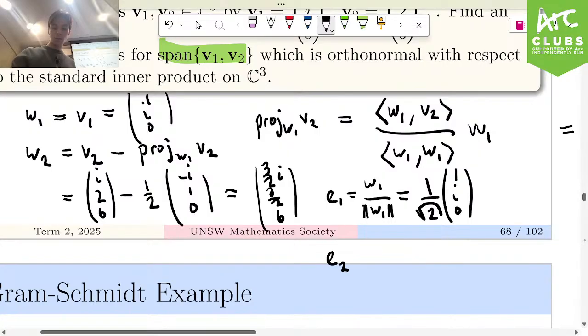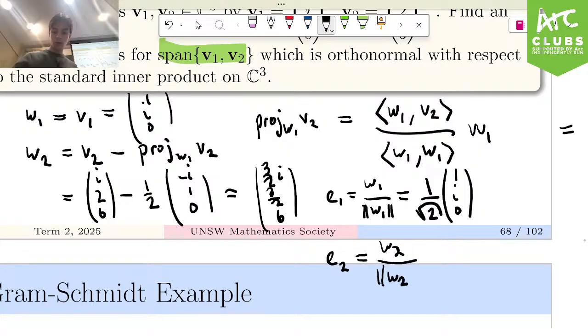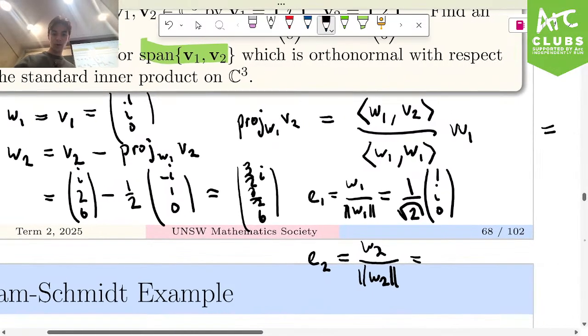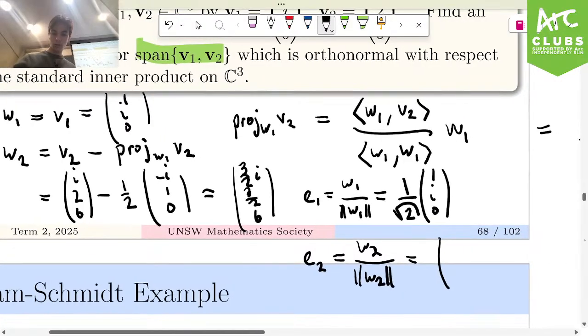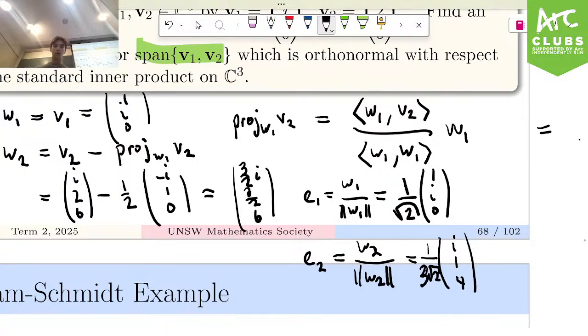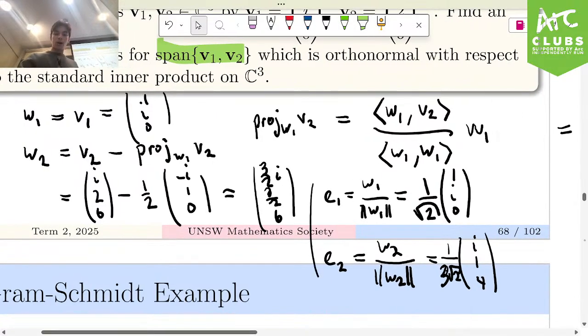And E2 is going to end up being W2 on the magnitude of W2, which I'm just going to skip the computation here. I think it's going to be, well, 1 on 3 root 2, I14. So these are the two orthonormal basis vectors that we've produced.